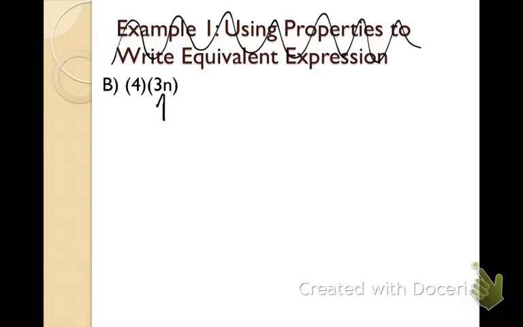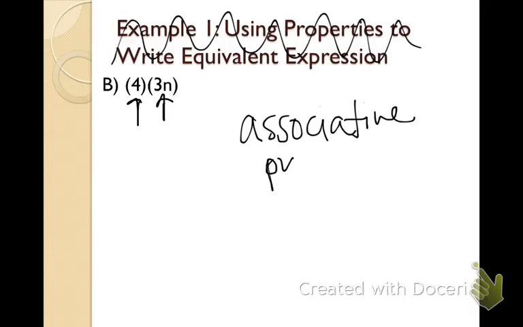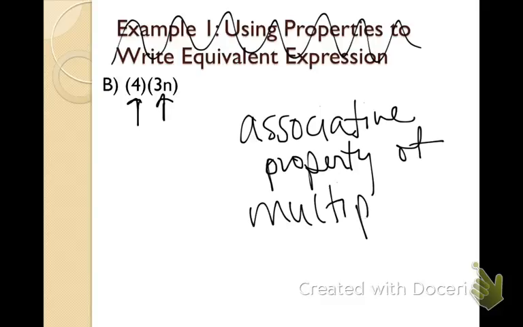The way I have things associated is kind of strange. I think the order is fine, so we don't need to use the commutative property. Here I think we just need to change the associations, so I'm going to use the associative property. I should add that it's the associative property of multiplication because that's what I'm using.